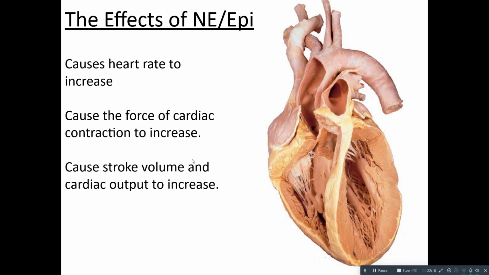They also increase the squeezing power of the heart, the cardiac contraction. And this is going to result in an increase in stroke volume, which is the amount of blood released per contraction, like per beat, as well as cardiac output, which is the amount of blood pumped per minute. So we're increasing the amount of blood pumped per beat, that's stroke volume, and the amount of blood pumped per minute, that's cardiac output.